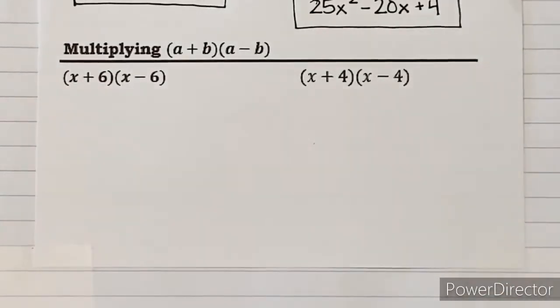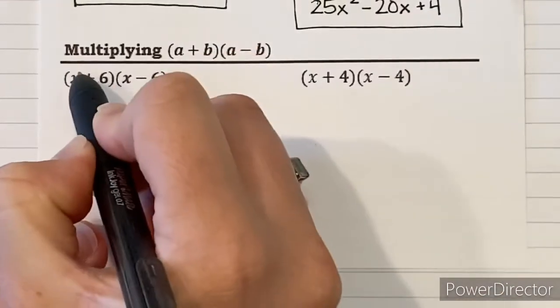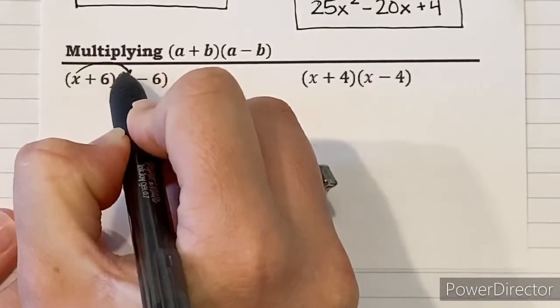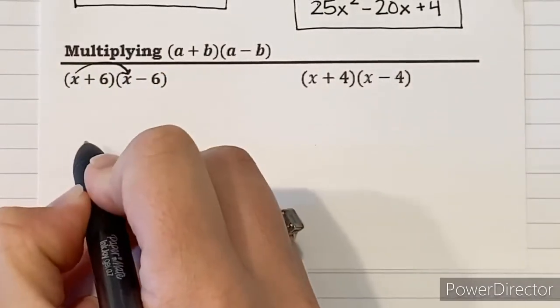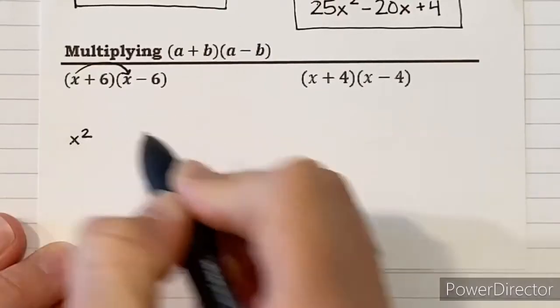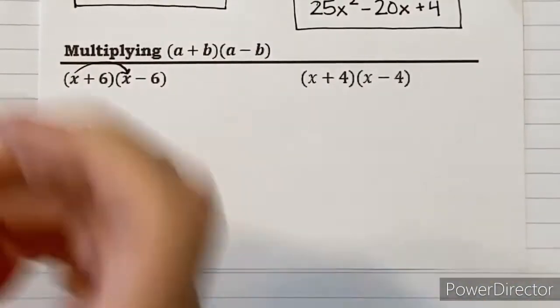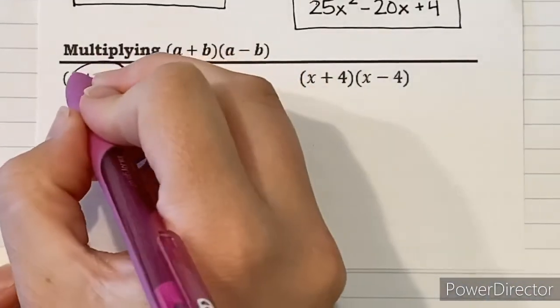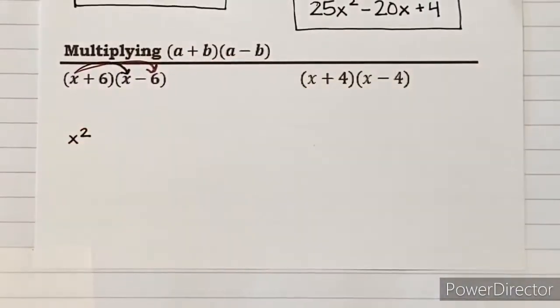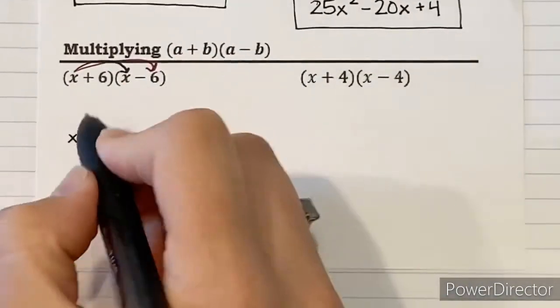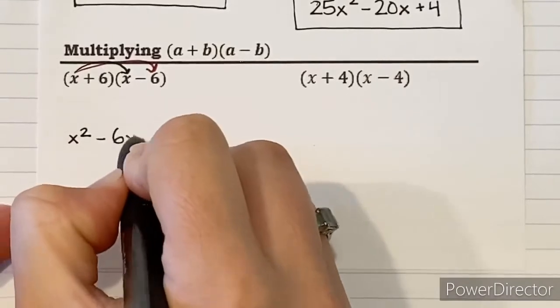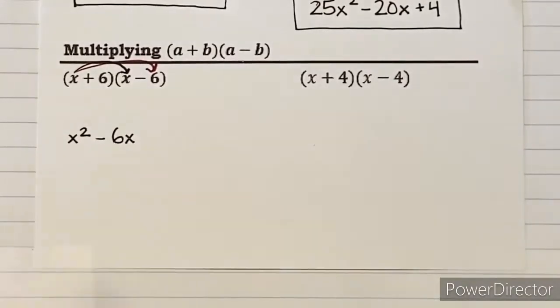So FOIL on this one, so F, first terms, that's x times x. So that's going to be x squared. And then O is x times negative 6. So that's going to be minus 6x.